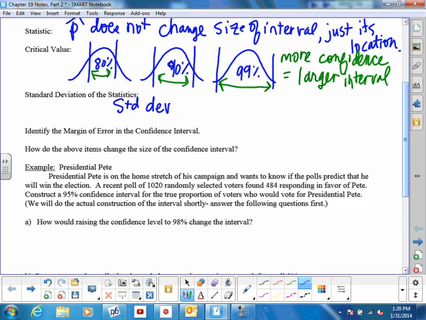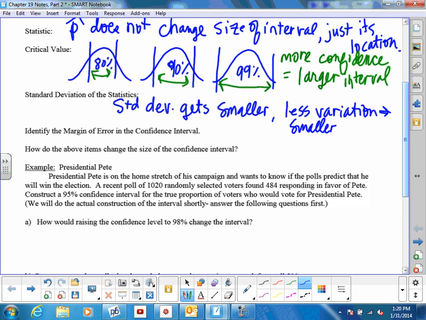If the standard deviation gets smaller, then we have less variation. We are clustered more closely around our sample. So we have less variation, which means a smaller interval size.